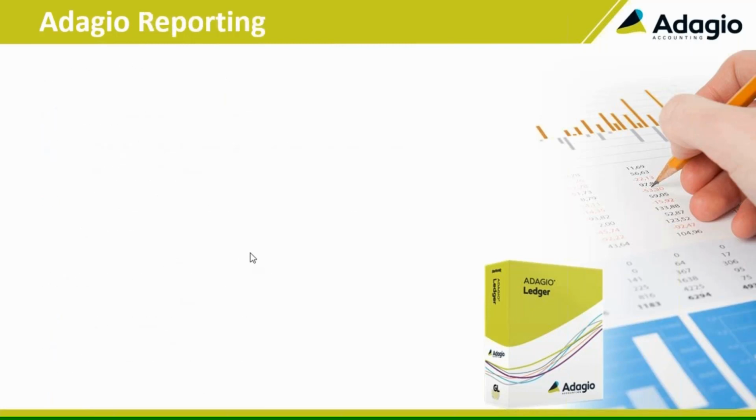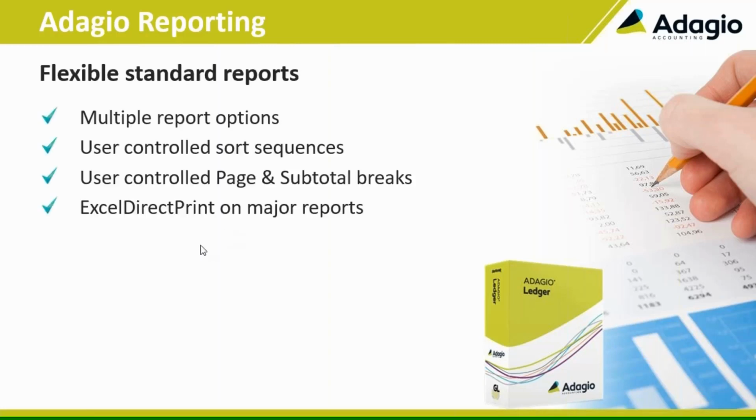So from a reporting point of view, there are several options within Adagio. Our standard reports have a large number of options. As an exercise, I once figured out how many different ways there were to print just the GL detailed listing, and got well north of 22 million different ways according to the options that you select.